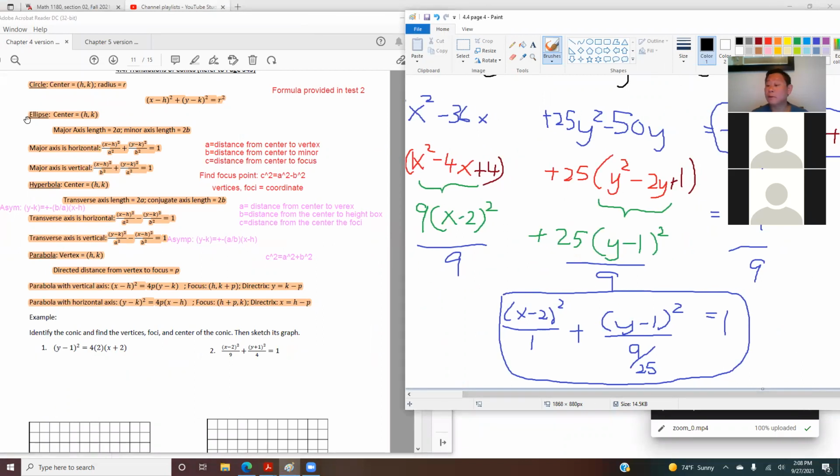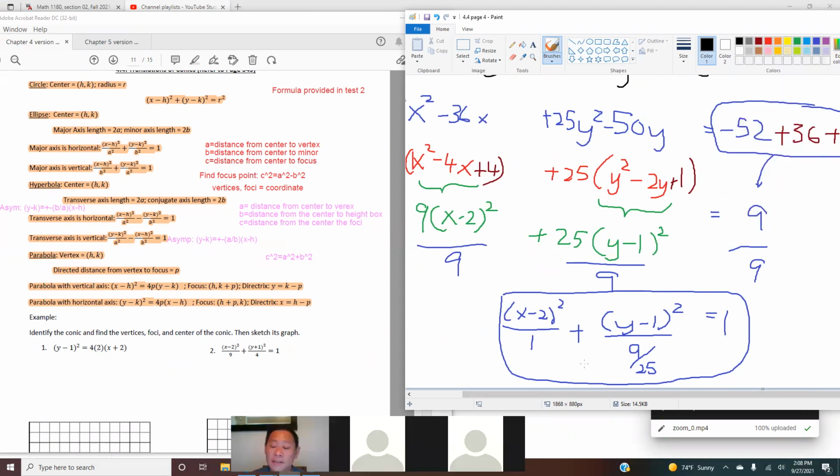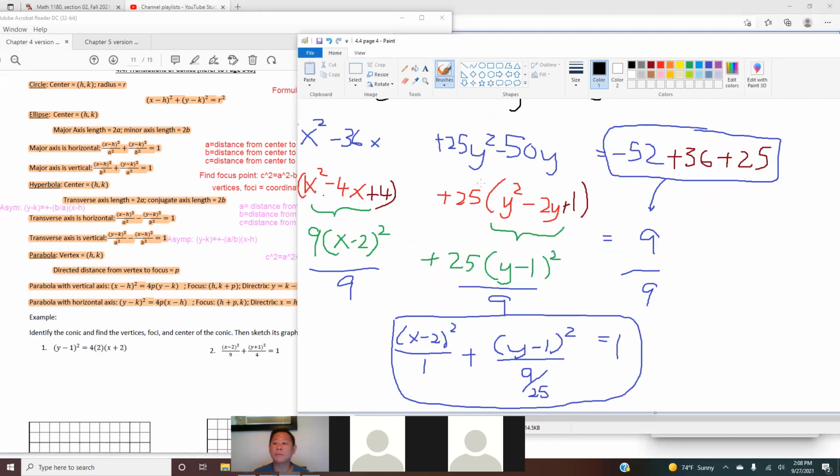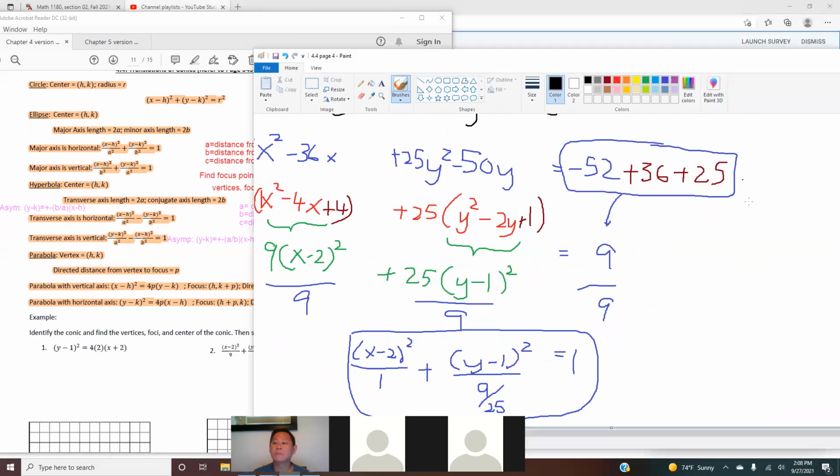It's an ellipse, right? In my test, the reason why it's an ellipse is because x and y squared are positive, and then there's a positive in the middle. So it's an ellipse. You also need to tell me what kind of ellipse this is. Is this ellipse a vertical one or a horizontal one?